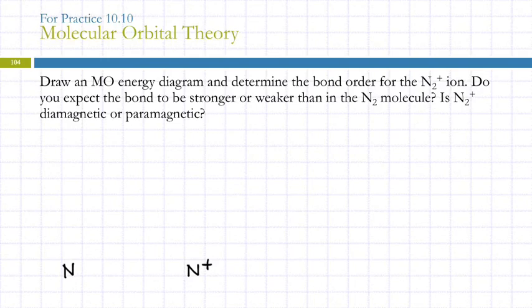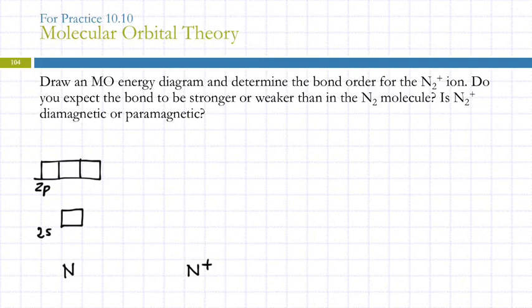And then we're going to draw the orbitals for each of these atoms. So for nitrogen, the valence electrons, we have 2p and we have 2s, right?